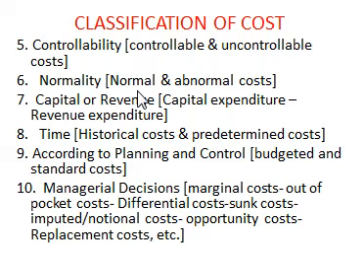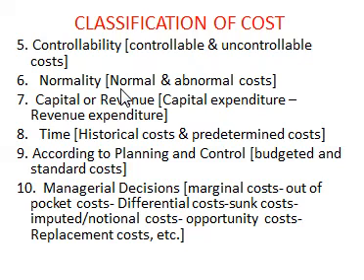Then you can classify a cost according to normality. It can be a normal cost or an abnormal cost. We shall discuss this more when we are discussing process costing.